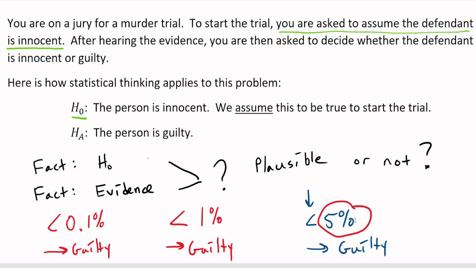The evidence could not actually be as convincing as people think it is. That's a very big one for sure. But in any case, the evidence was presented, the assumption was supposed to be assumed, and given those two things, people were sure enough that the person did it to say guilty. But it's all about sureness, because no one can ever be 100% sure. And so we expect to send some people to jail who are innocent. That's the way that this statistical setup works and how our actual system is set up.